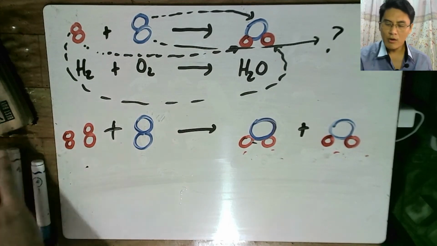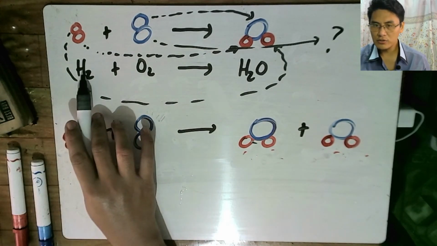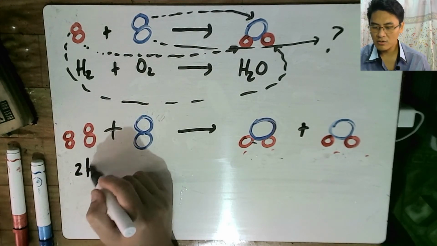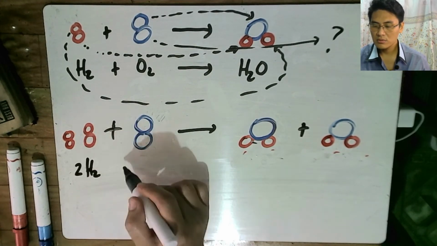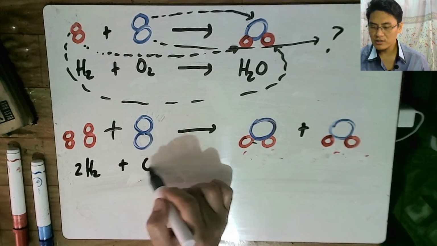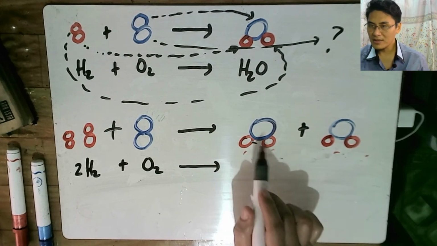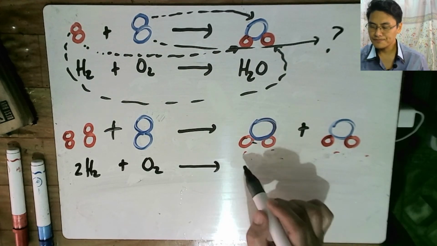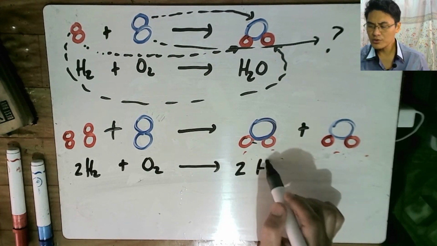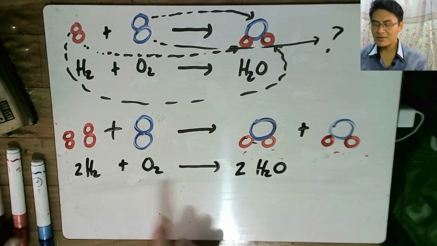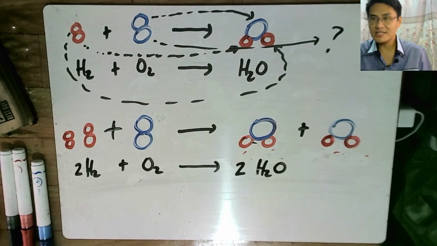So now you can see that it's not H2, but 2 units of H2 plus just 1 unit of oxygen. They form water, but not just 1 unit of water, but 2 units of water, right? So that is really what it means when we balance an equation.